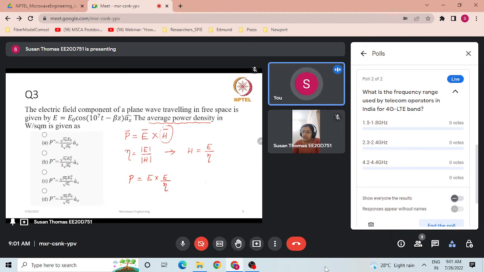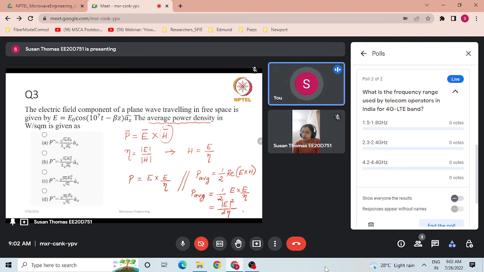Now let's see what is the average power density. To get average power density, we need to use what we learned from electromagnetic theory, half into real of E cross H. So using this, we can write P average is equal to half into E into H, which can be written as E by eta, or I can write it as mod E square by 2 eta.